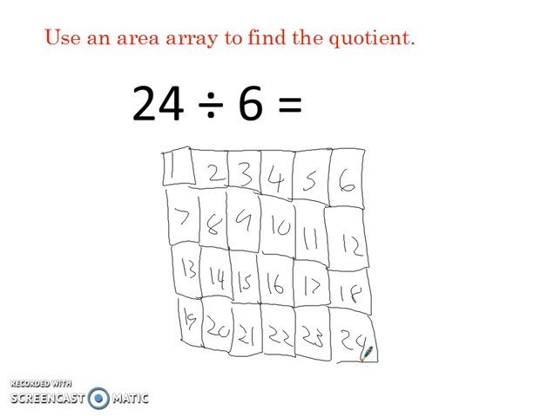Okay, so we were 6 wide on the top, so now I need to count how many boxes down we go. 1, 2, 3, 4. So this side was 4, so 24 divided by 6 equals 4. So that's where the area is coming from. My width was 6 and my height was 4.